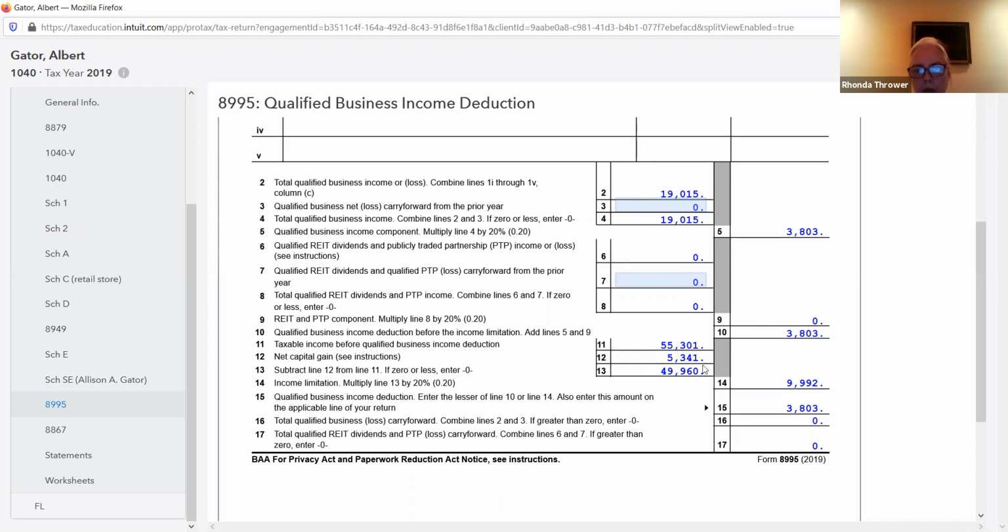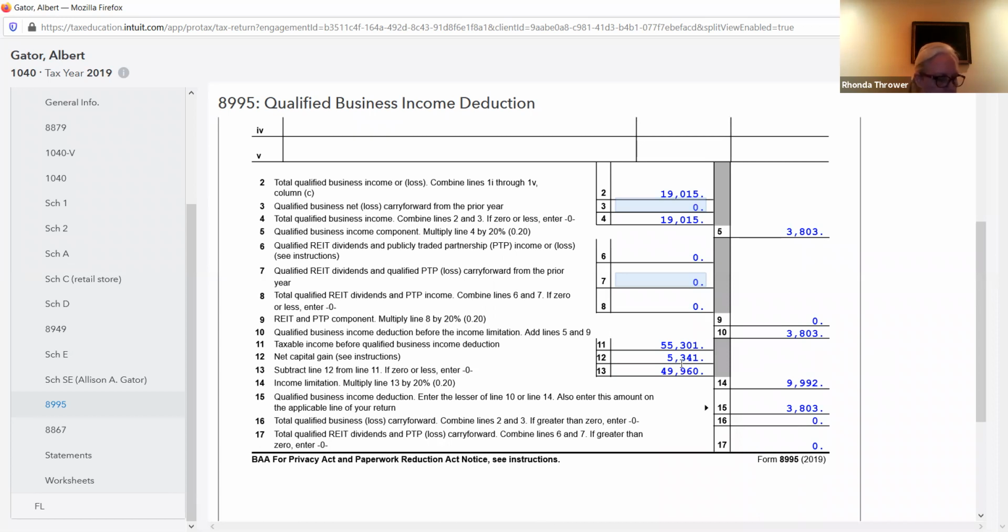And then you had a net capital gain that would come from your qualified dividends, that was 1,031, plus your long-term capital gains. So this part for 5,341, that's how you would get that.